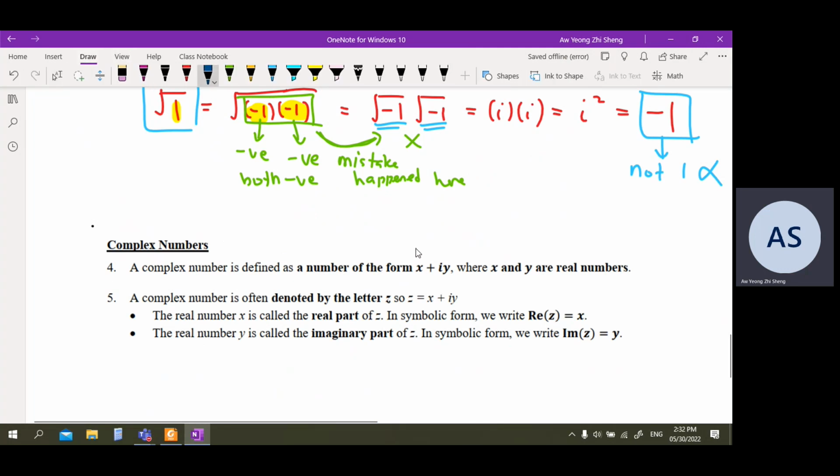Sometimes we will write x plus yi, it doesn't matter, iy and yi are the same, where x and y are real numbers. An example of a complex number is 3 plus 4i, where 3 and 4 are both real numbers. The whole thing is a complex number.